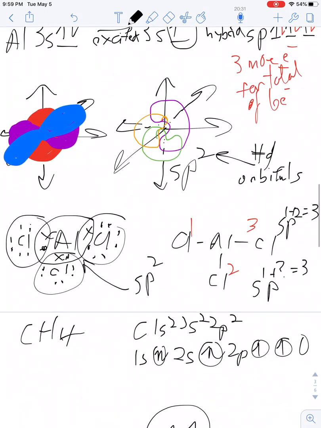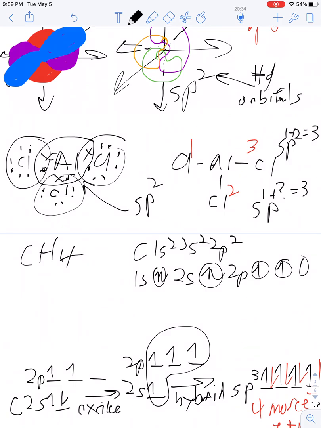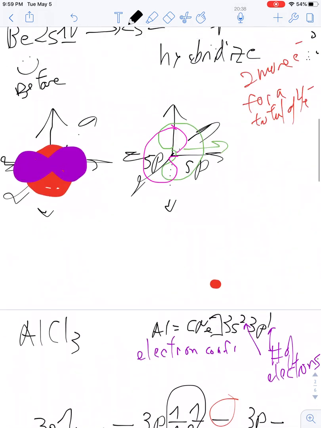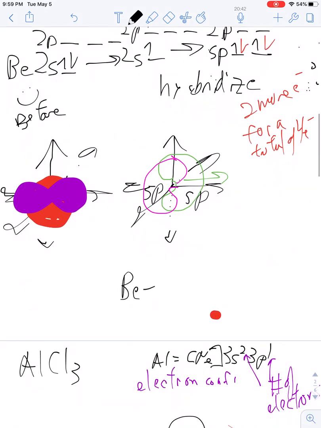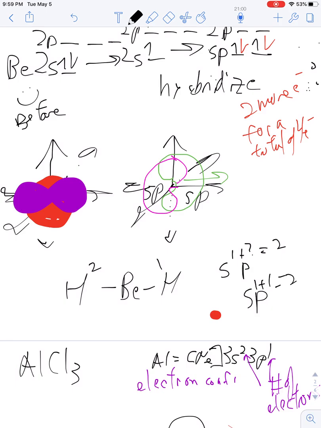You can just count the number of things that are attached to your central atom to figure out the hybridization. Beryllium. So how many things are attached to my beryllium? Well, 1, 2. So my hybridization will be s, p. 1 plus 1 equals 2. So my hybridization is sp.